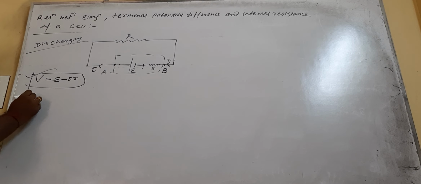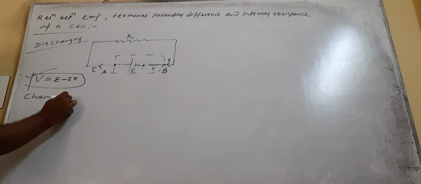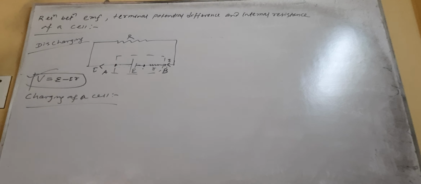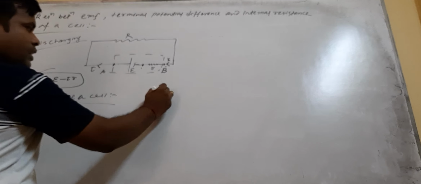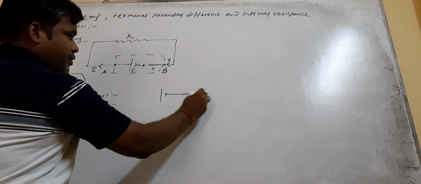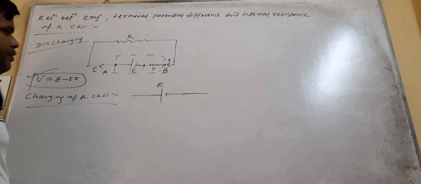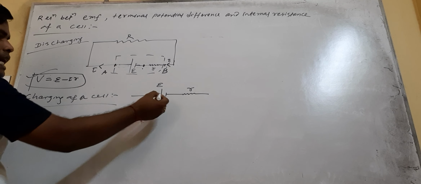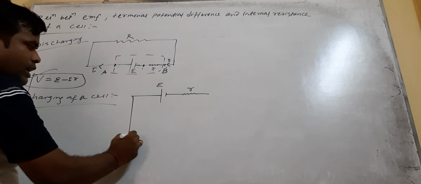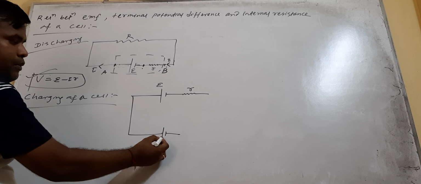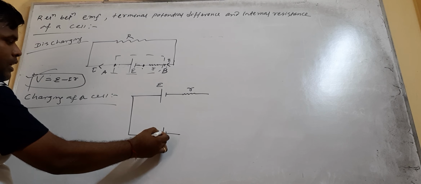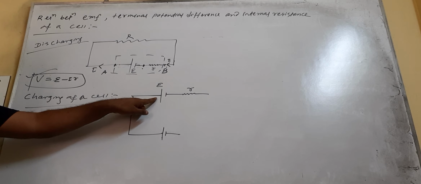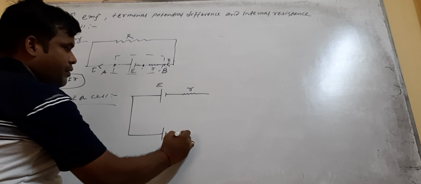Now come to the charging of this cell. In charging of a cell, what happens? It is a cell of EMF E and internal resistance small r. When you want to charge this cell, you connect the positive terminal of the source battery to the positive terminal of this cell.